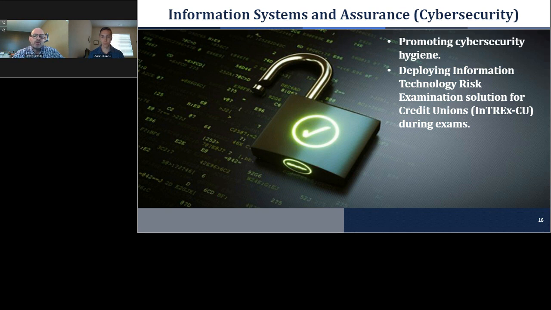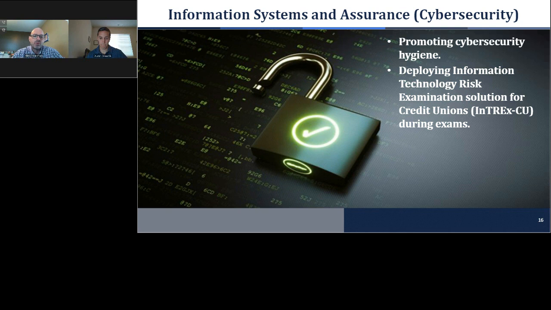And so what we're trying to do with that is to establish a consistent approach with these other regulators, a consistent approach across all the community-based financial institutions. And INTREX will continue to get deployed in credit union exams in 2021. And that hopefully allows examiners and credit union staff to identify and address potential high-risk areas in security program deficiencies.